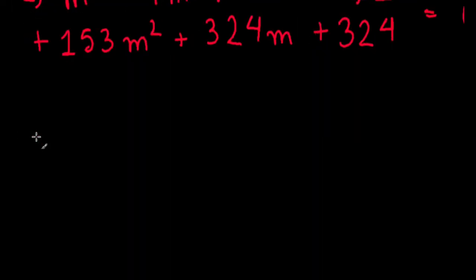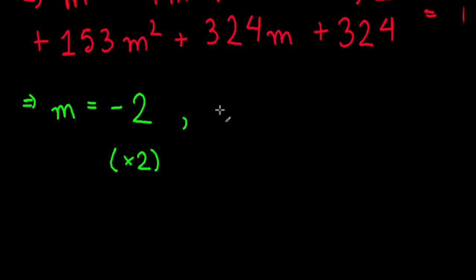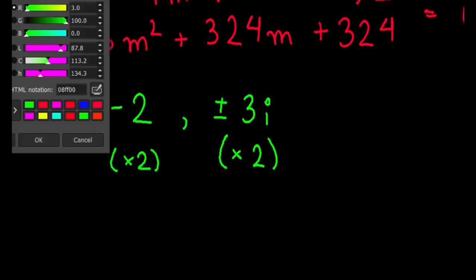So you have m equals negative 2, and I'll write a small number here, so it's repeated 2 times. And I'll just write plus or minus 3i, and the whole pair is repeated 2 times. That's what matters.